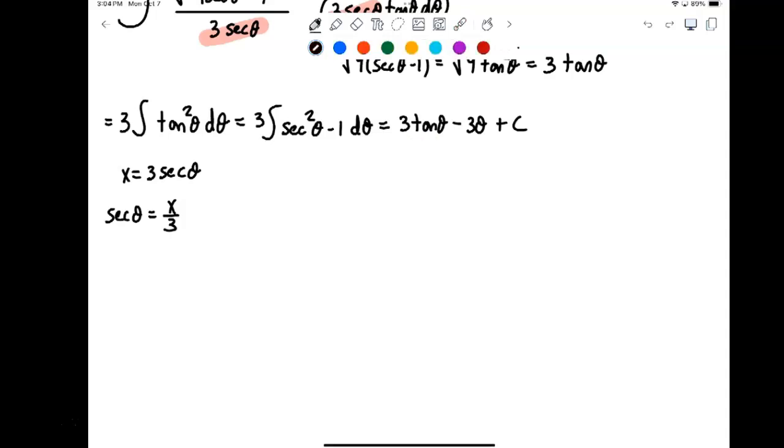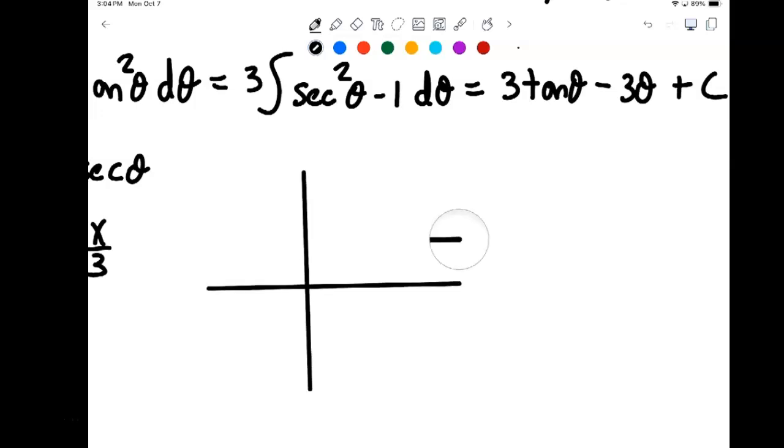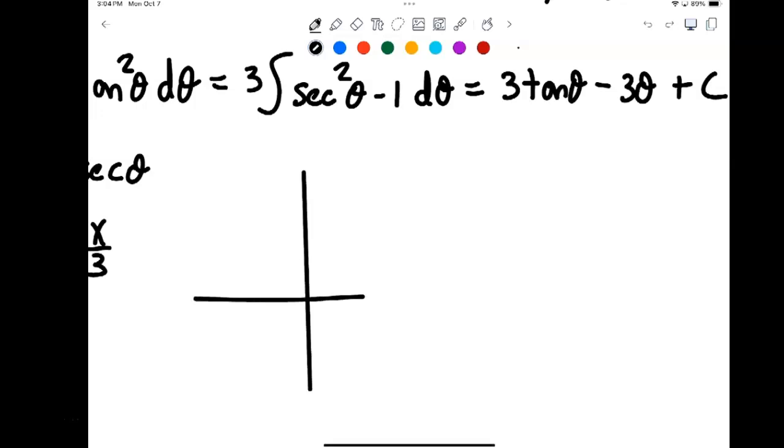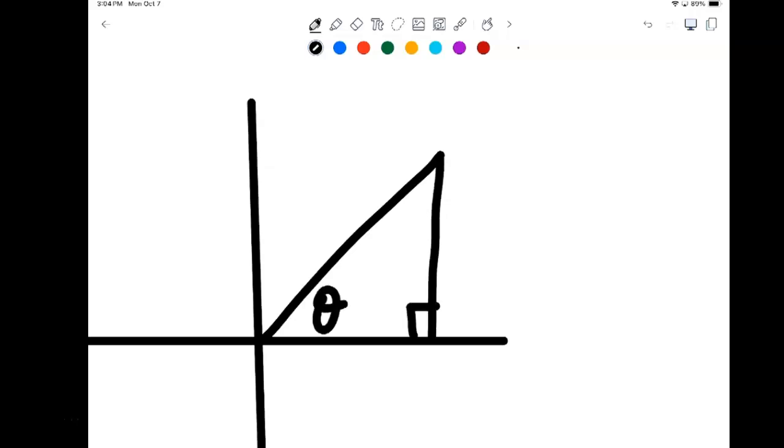So when we come in here and draw our picture, secant can go in either the first or second quadrant. Remember, it's tied together with cosine, and inverse cosine is first or second. So I'm just going to draw the picture in the first quadrant. Draw in my reference triangle, my theta.